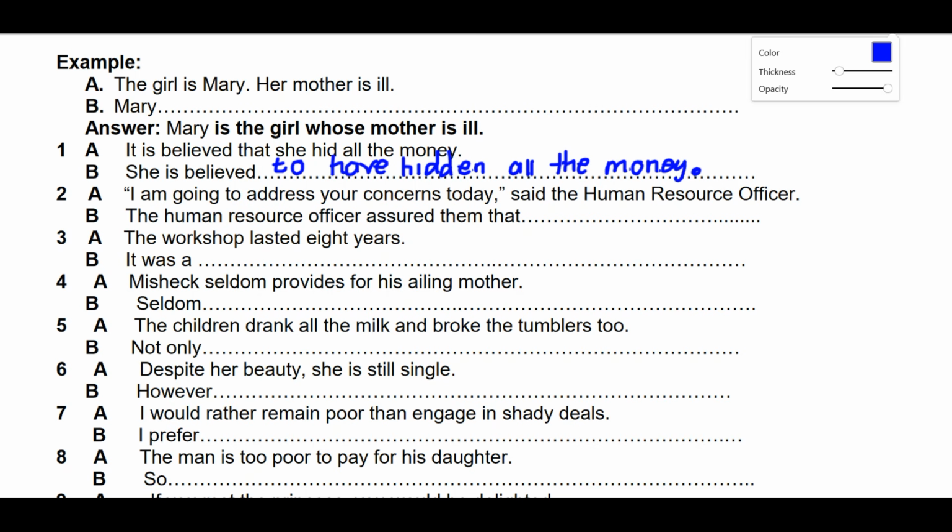So we are going to say, the human resource officer assured them that he or she was going to address their concerns that day.